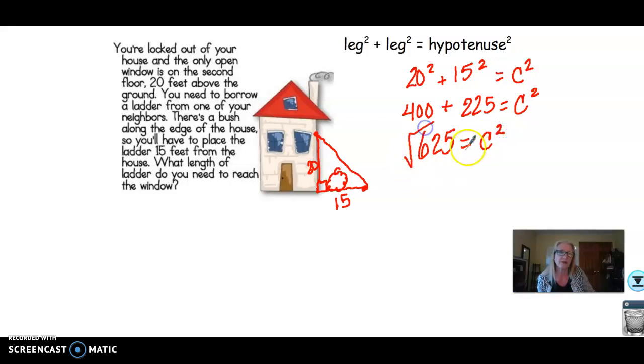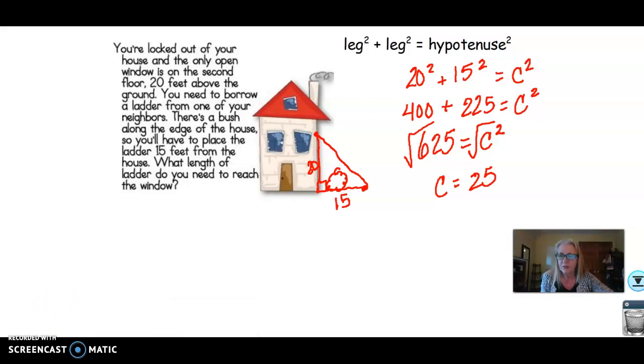And then we take the square root of both sides. And isn't this interesting? Not an irrational number. 625 is a perfect square. But you're going to need a 25-foot ladder. Okay.